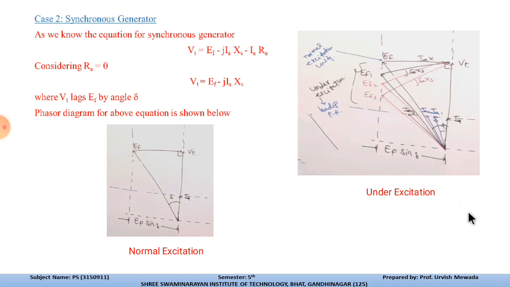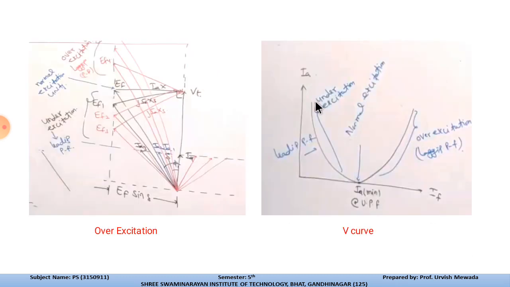Now the phasor diagrams of these equations are: normal excitation, under excitation, and the third phasor diagram, over excitation. In over excitation, if we give the field current more than the normal excitation, then Ef will increase. When Ef is greater than Vt, it is called the over excitation mode.